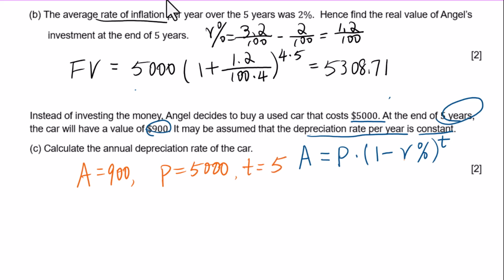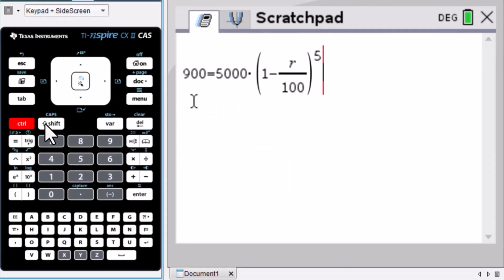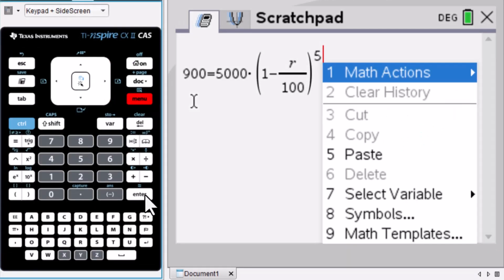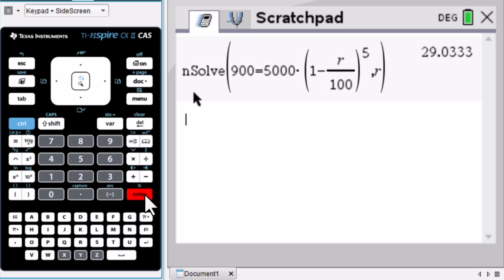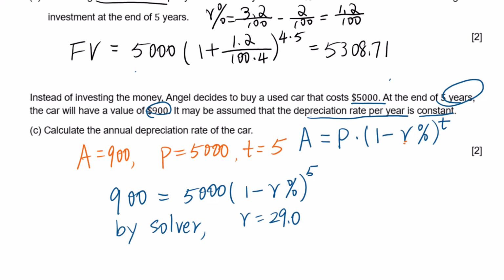So we are looking for this R. Now do the substitution. Let's go to equation solver. Control menu. Enter, enter, enter. R equals 29.0.